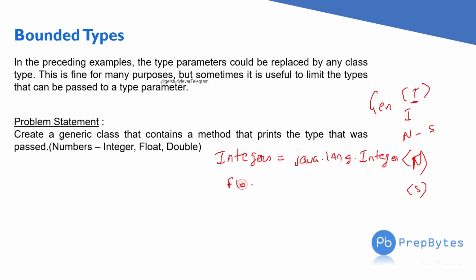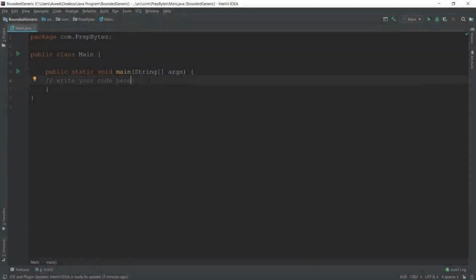If I pass Float, it should print java.lang.Float. If I pass Double, it should print java.lang.Double, and I should not be able to pass String. So I hope you understood what we have to do. Now let's code it.